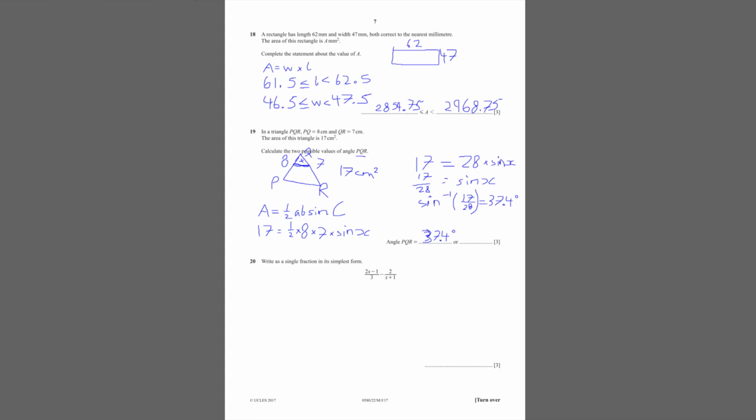For our second answer, we will want to subtract this value from 180.